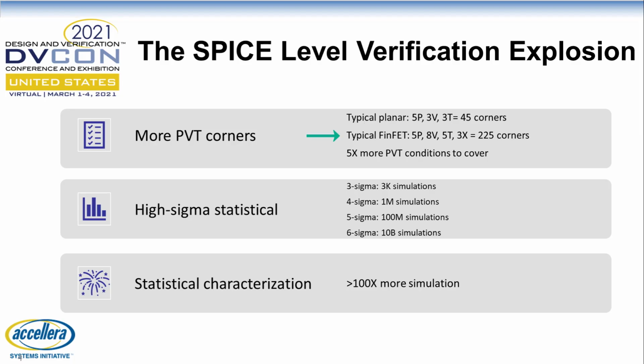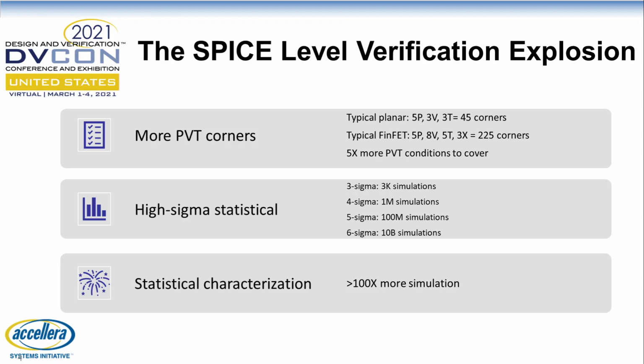If you look at the typical FinFET type of process, we now have a lot more voltages. This may be 8 voltages, more temperatures, maybe 5 temperatures, and we will have some extraction conditions, maybe 3 of those. So you would end up with 225 corners, and this is 5 times more PVT conditions to cover. And SPICE simulators aren't going that much faster, so we need to get creative.